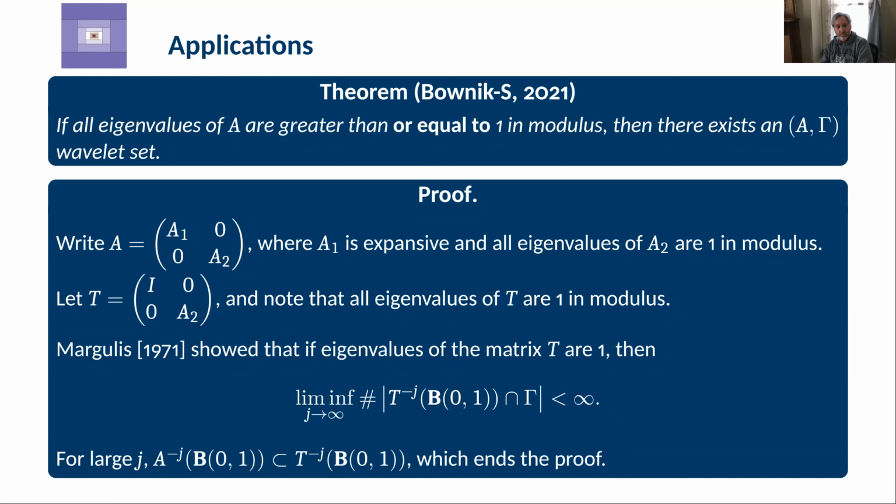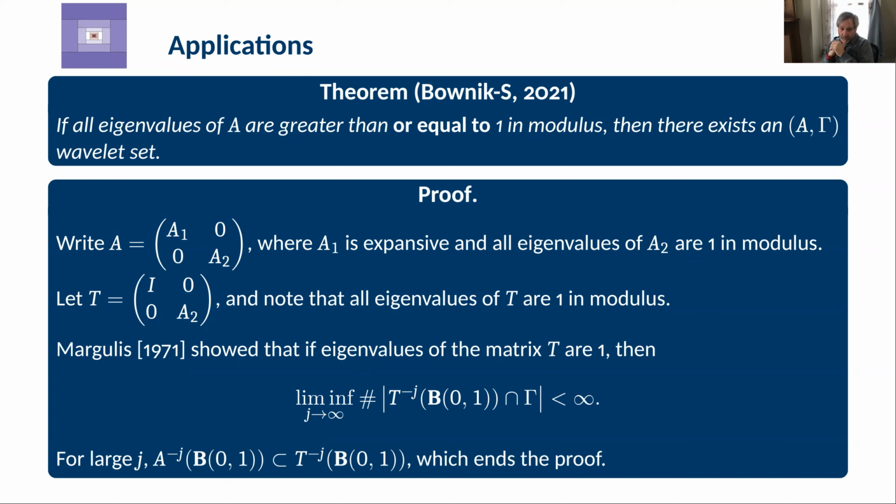What we do is write A in real Jordan form, in block form, where A1 is expansive and A2 has all eigenvalues 1 in modulus. Then we construct this auxiliary matrix T that has the identity where the expansive part was, and the eigenvalues of modulus 1 stay the same.